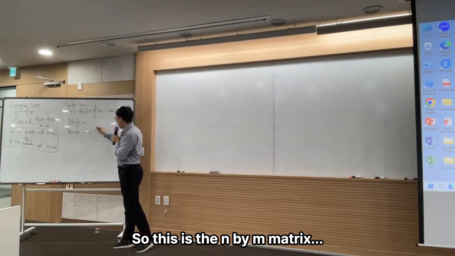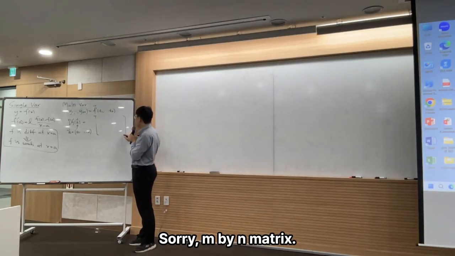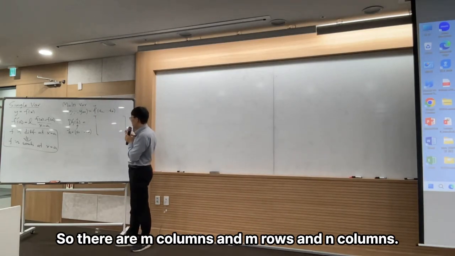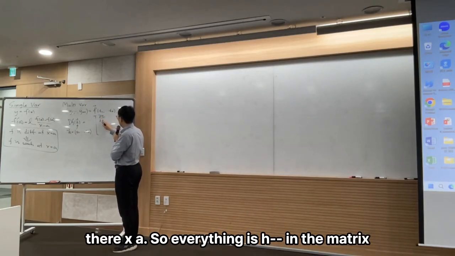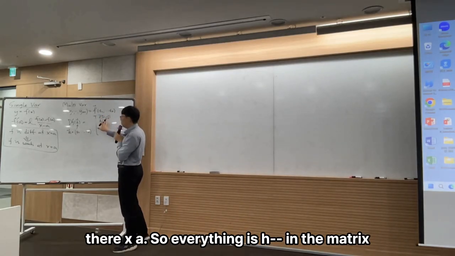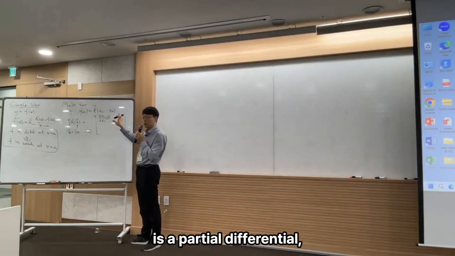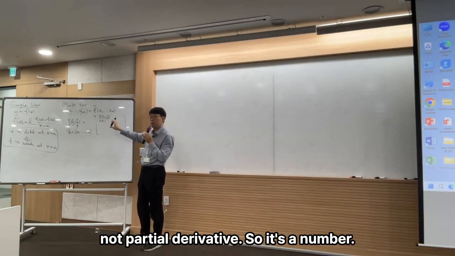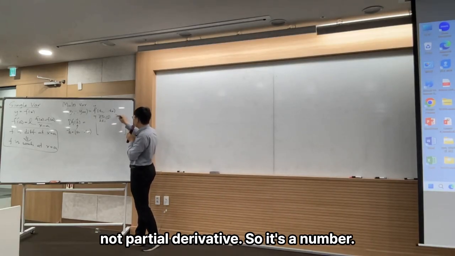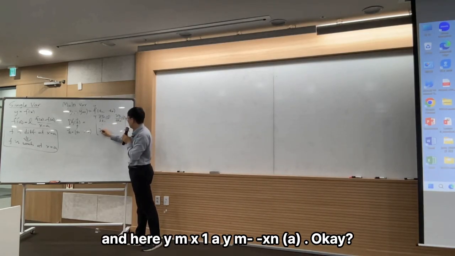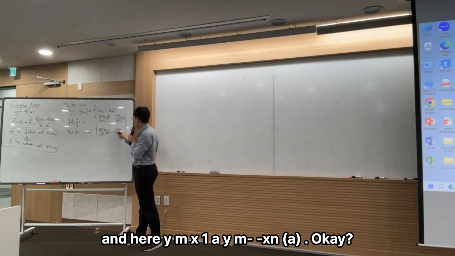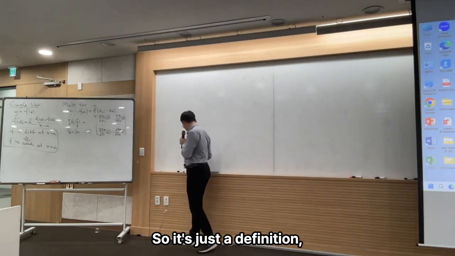So this is an m by n matrix. So there are m rows and n columns. Everything in the matrix is a partial derivative, so it's a number. So the entries are the partial derivatives of y_1 through y_m with respect to x_1 through x_n at a. Okay, so that's the definition.